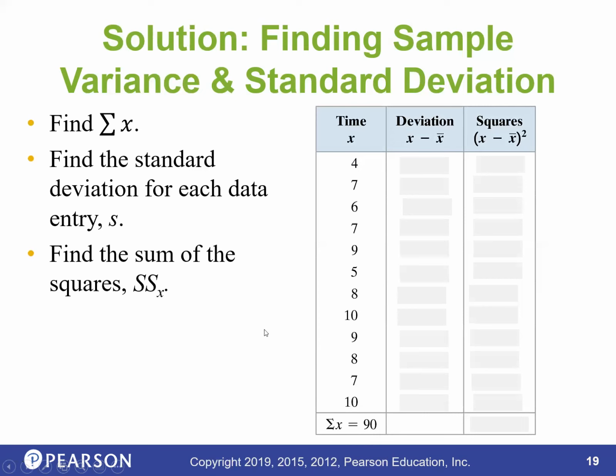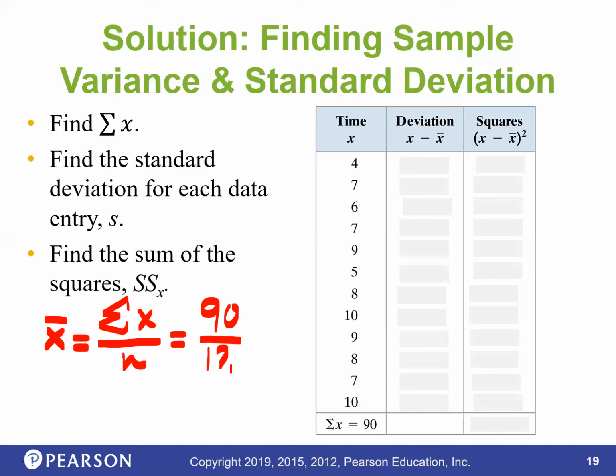I didn't write it on the screen. I should write it on the screen. So X bar for us, X bar equals the summation, if you want to write down the notation, over N. And for us, the summation of all these guys is 90.